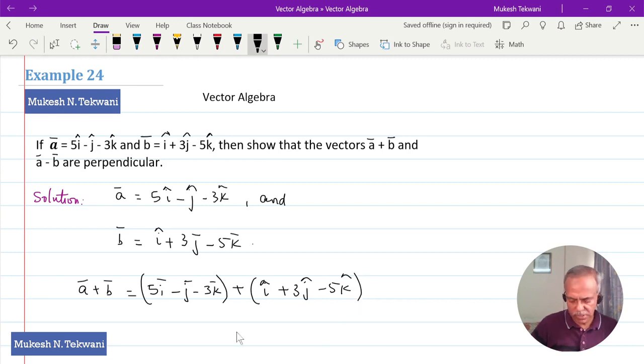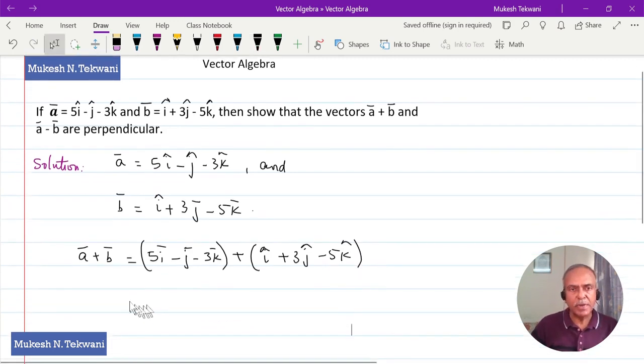So these are the two vectors, and now when we add two vectors we have to add their corresponding components. So we have to add the i components, that is the x component.